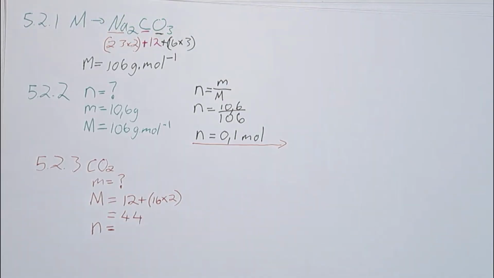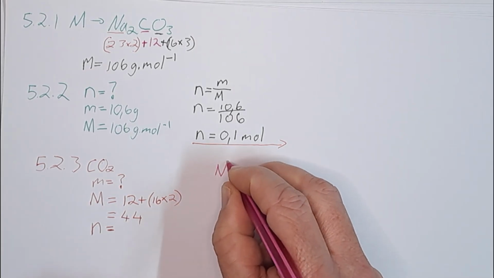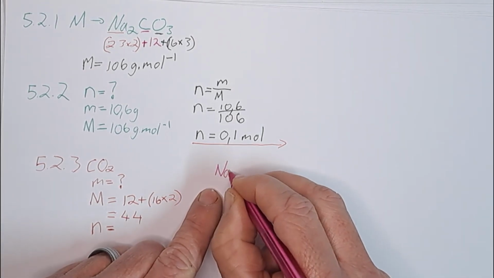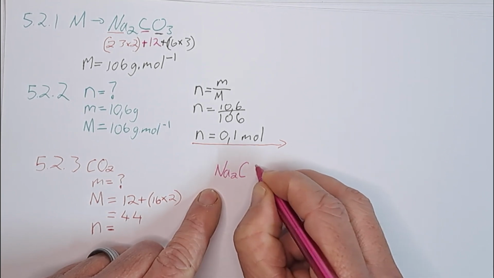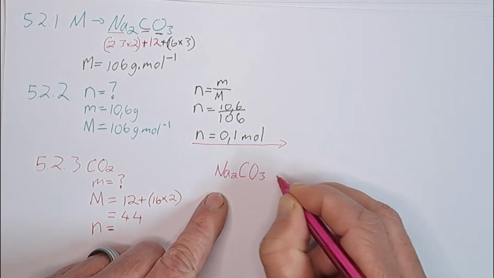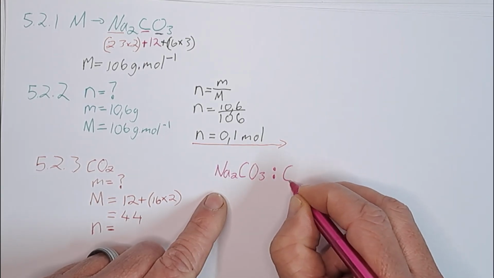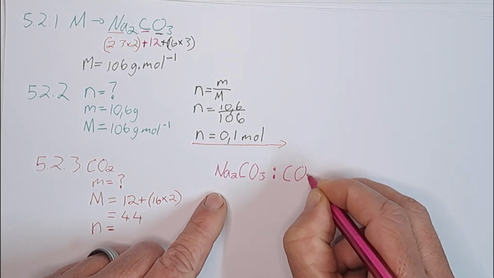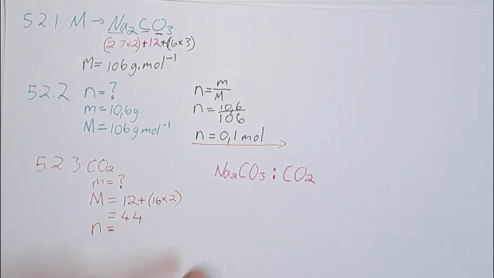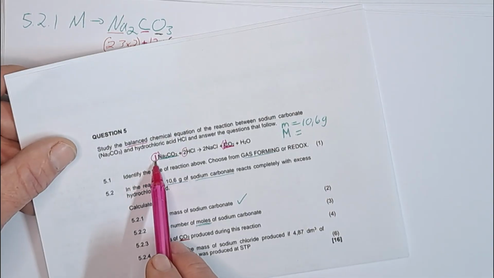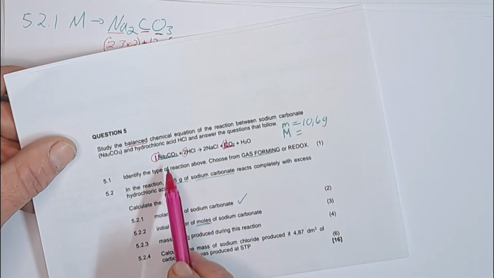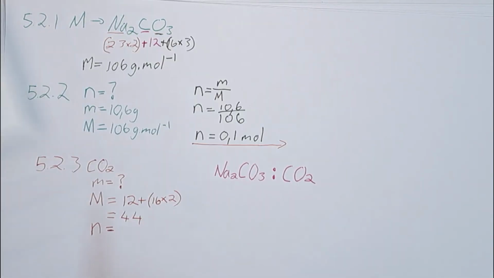All right, so that means if I write down my ratio for sodium carbonate versus carbon dioxide, my first line is going to be my ratio. So my coefficient is 1 for sodium carbonate and 1 for carbon dioxide.